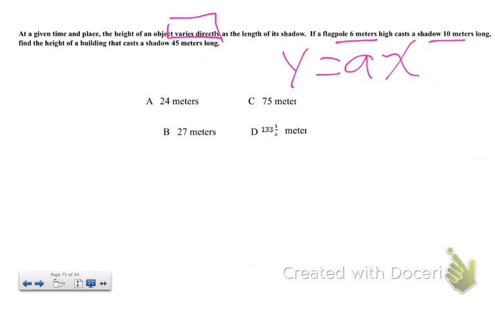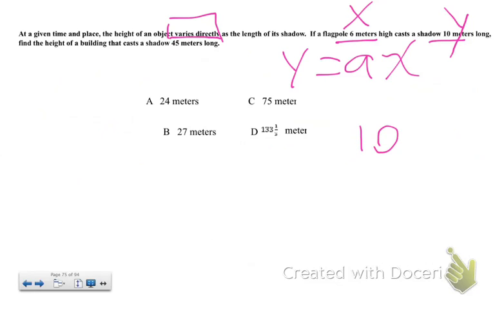Some of you are having a hard time remembering that whole process, so one thing you can try, if you see varies directly, what I want you to do is take the first number and the second number, okay, so take the first and the second, and I want you to do y divided by x.